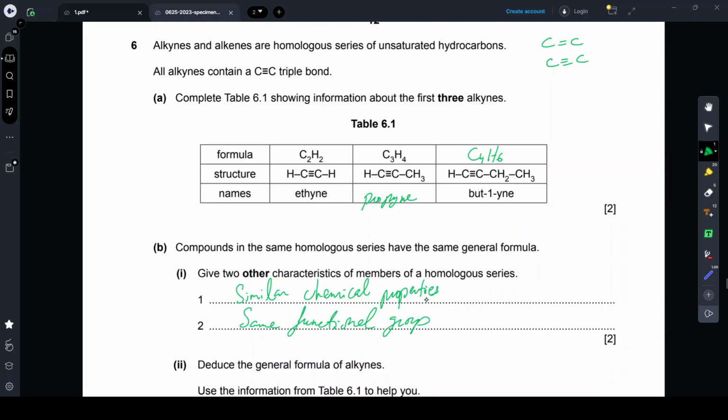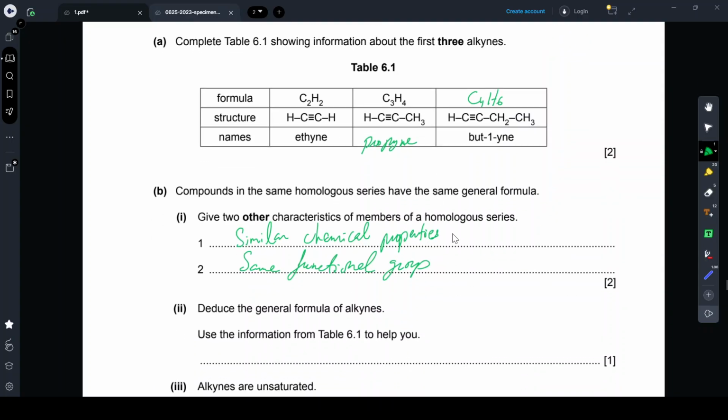Now you need to deduce what the general formula is.